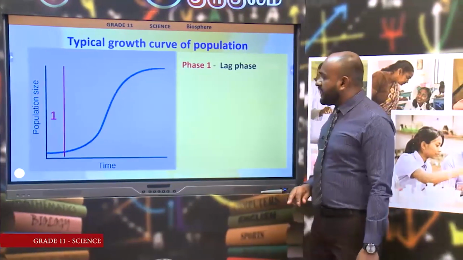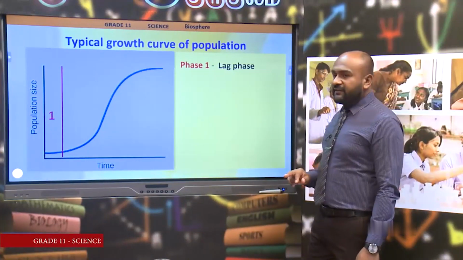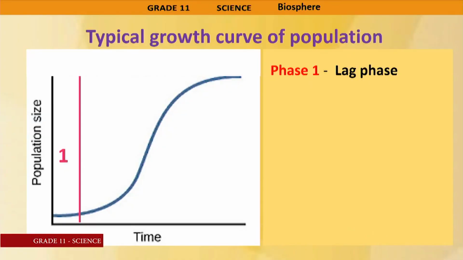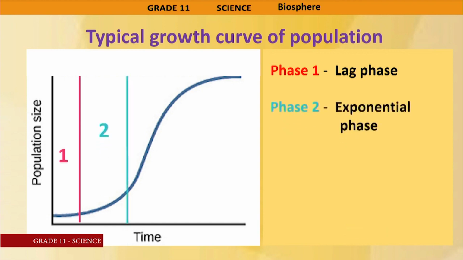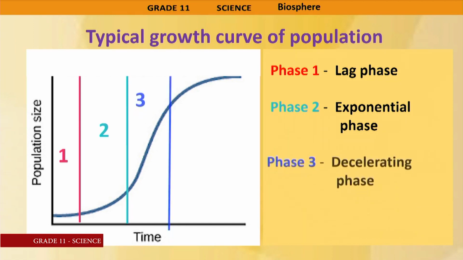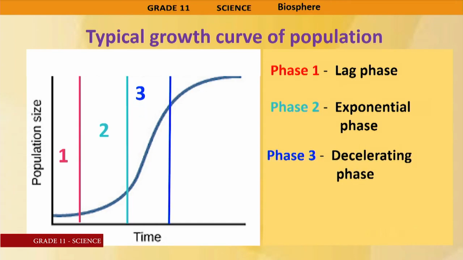So, we identify the first phase as the lag phase, where you see a slow growth rate. Phase 2 shows a rapid growth rate, and we call that the exponential phase. The third phase is the decelerating phase, where the growth slows down.